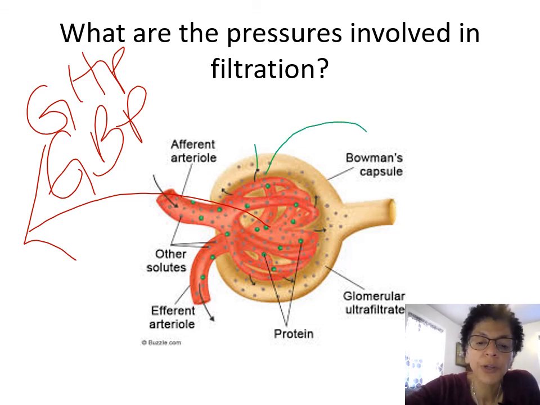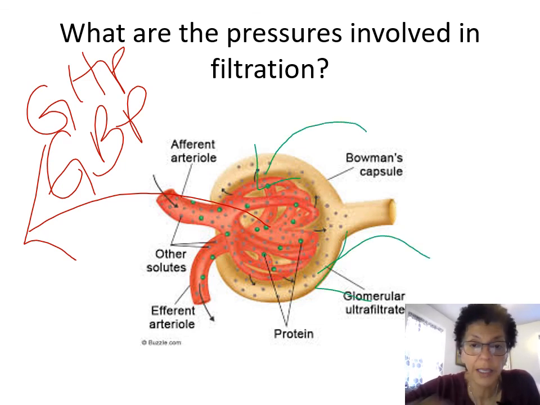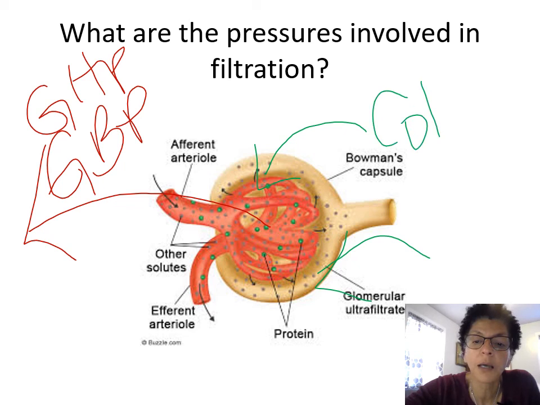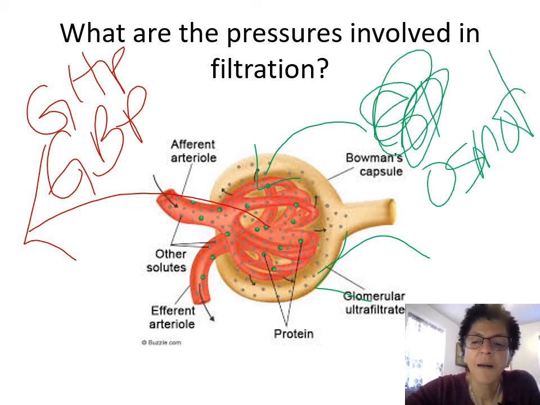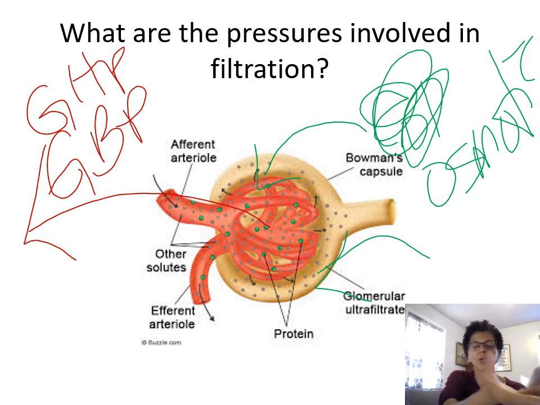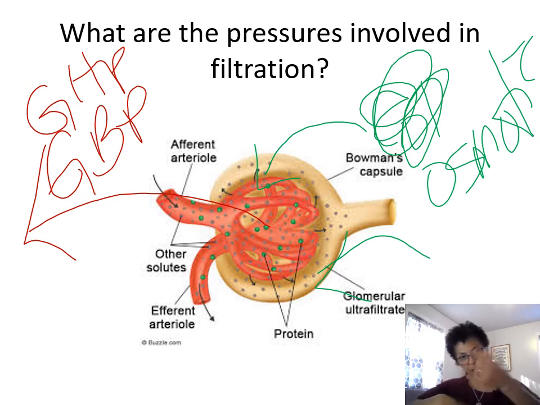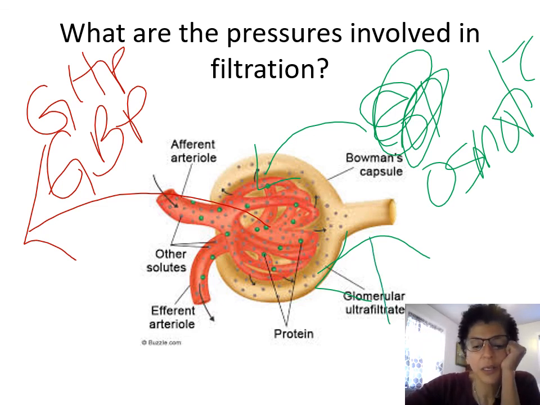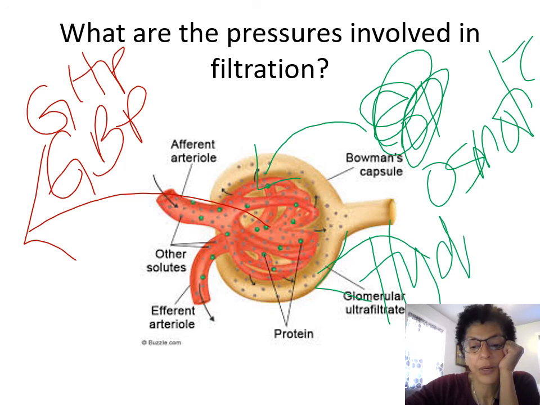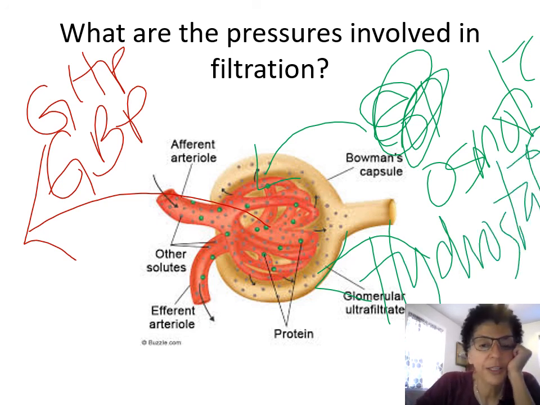There are 2 pressures pushing back in. I'm just going to write keywords. One is colloid osmotic. It's water molecules from the glomerular space trying to go back into the plasma because there are plasma proteins. It's the osmotic force. The other one is hydrostatic pressure, which is in the same direction.